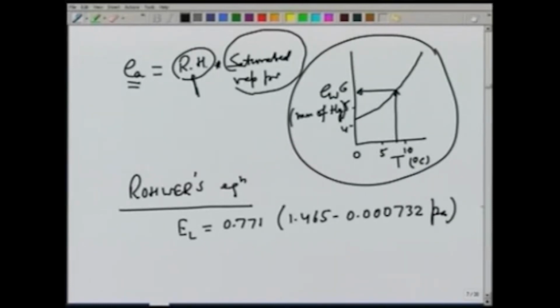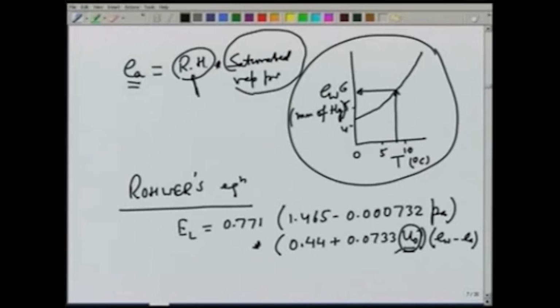So PA is the atmospheric pressure, into wind velocity factor is taken as 0.44, 0.0733 U0, and then you have delta E term. So we will notice that we are using U0 rather than U9. So in Meyer's equation, the velocity was measured at 9 meters above the ground surface. This U0 indicates the velocity should be at the ground surface.